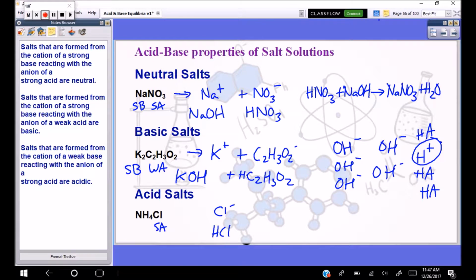And if we're looking at the ammonium ion here, it came from one of two things. It probably came from NH3, which is a weak base. So again, if we have a strong acid and a weak base, you've got a whole ton of H+ hanging out here, and maybe only a little bit of OH- from the water.